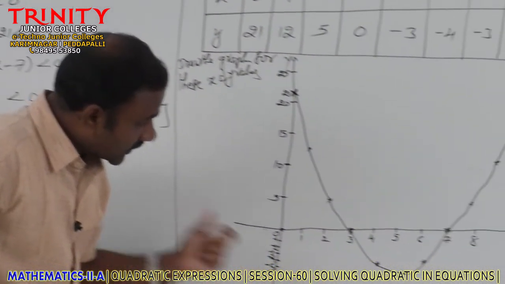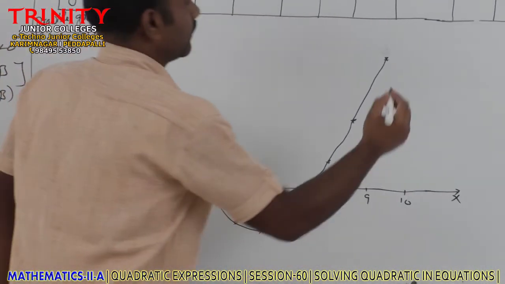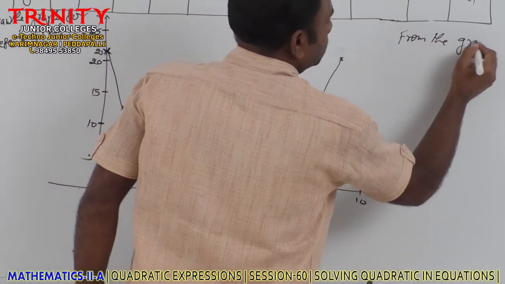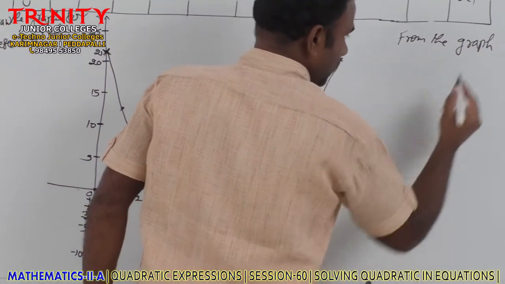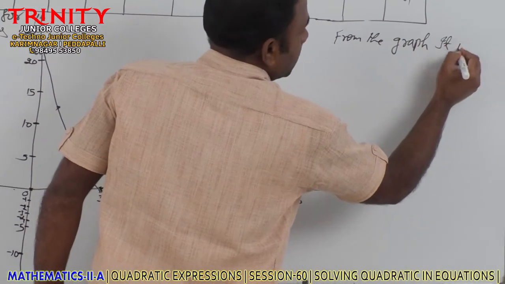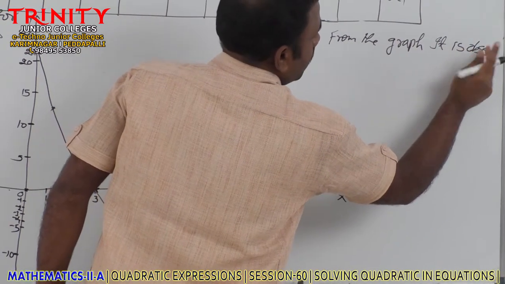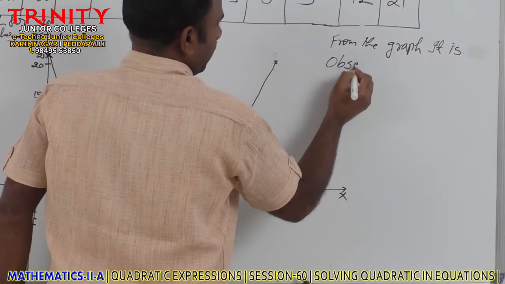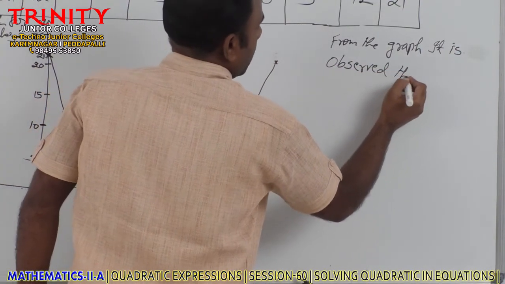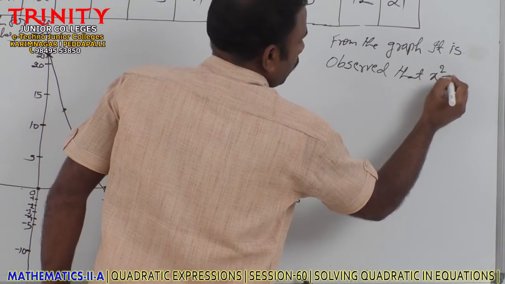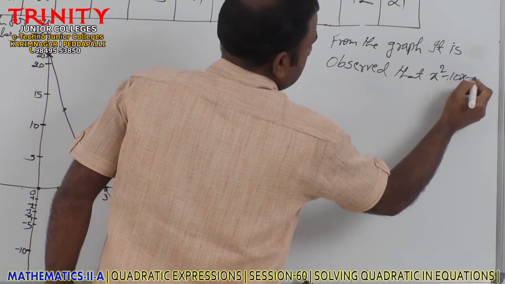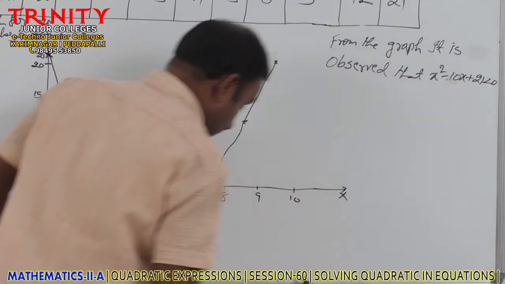Therefore, from the graph, it is observed that x square minus 10x plus 21 is less than 0.